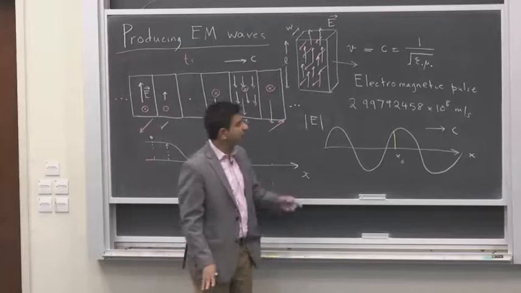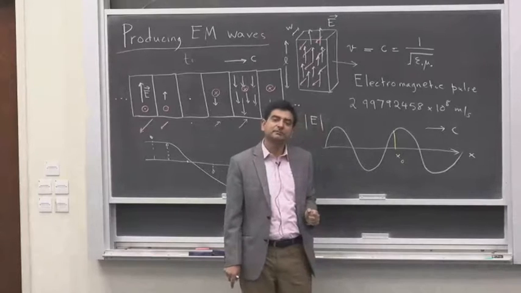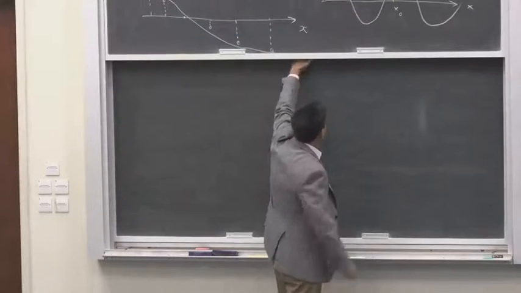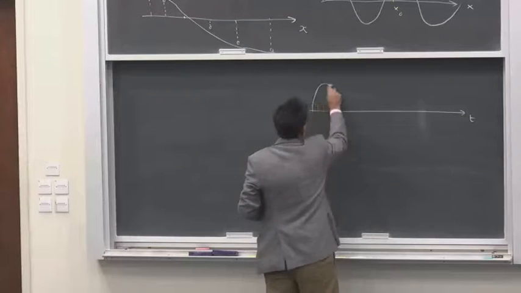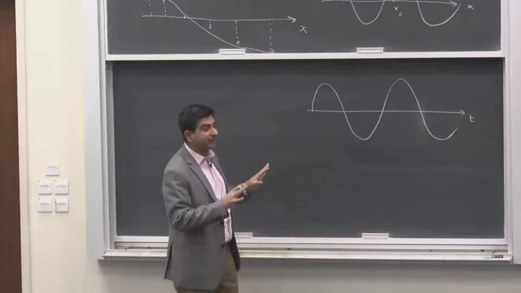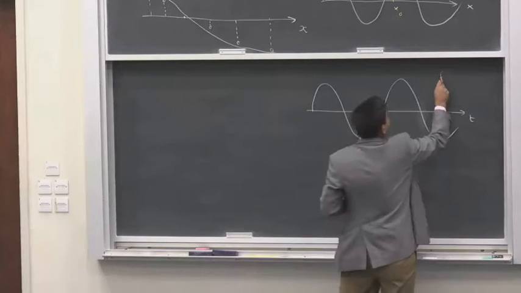So I could also make a plot of the electric field with time on this axis. Such a plot will also look like this. I have time on this axis and I have the electric field. Now this is the time axis. So this is the snapshot of the electric field configuration at some fixed x naught.